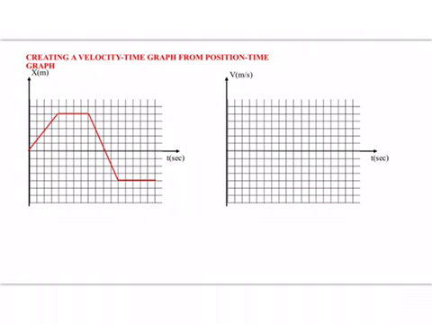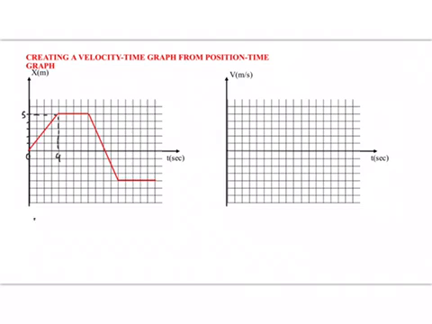We have another example. Now we are going to draw the velocity-time graph from the given position-time graph. We have 4 intervals. Between 0 and 4 seconds, there's a displacement equal to 1, 2, 3, 4, 5 meters.